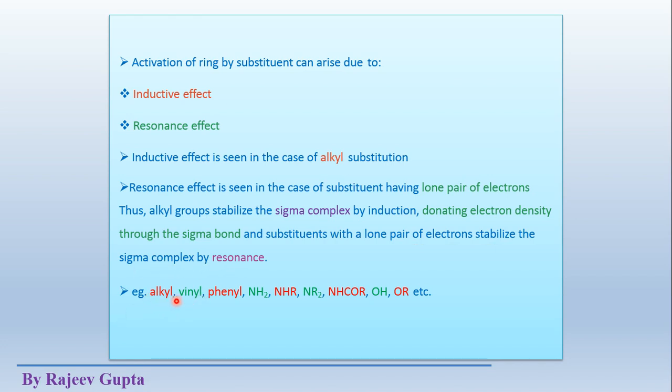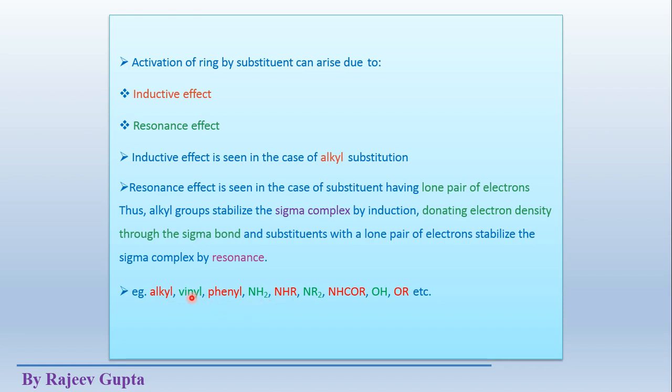So alkyl group, vinyl group, phenyl group, NH2, NHR, NR2, these are all electron donating groups. Here the alkyl group shows a plus I effect.